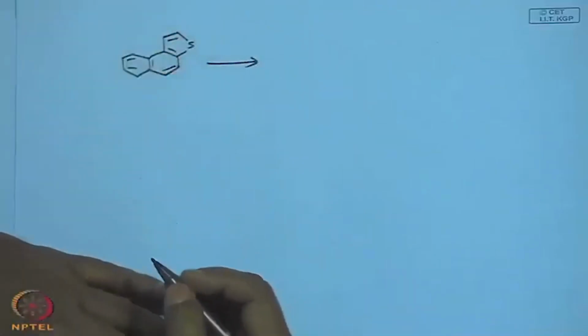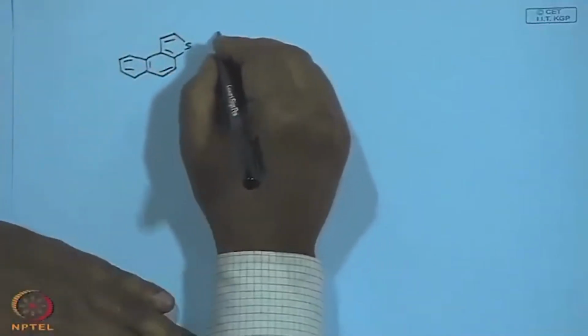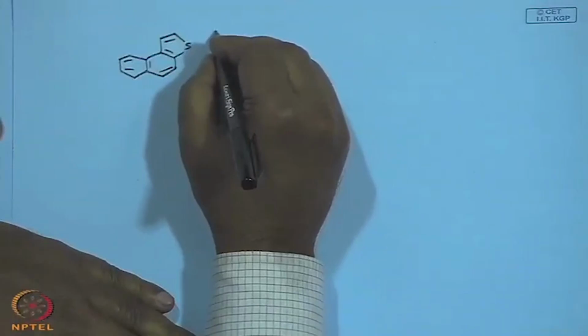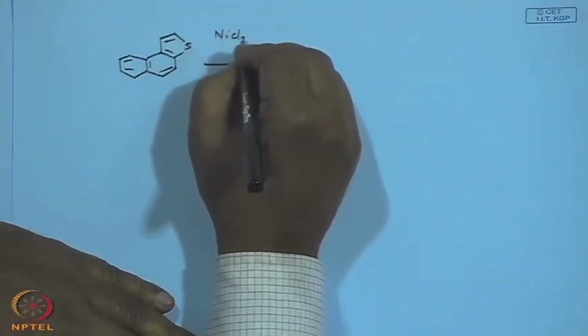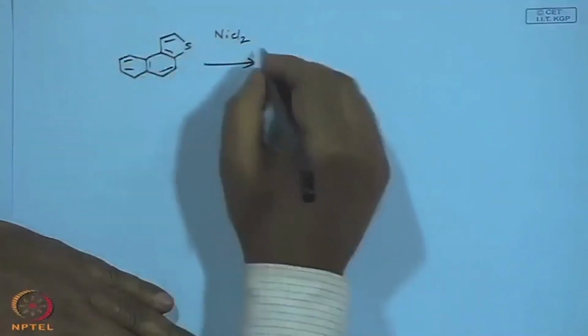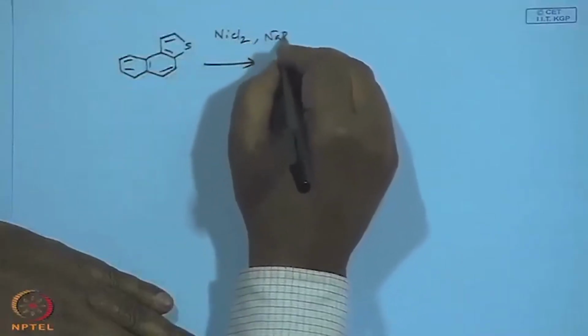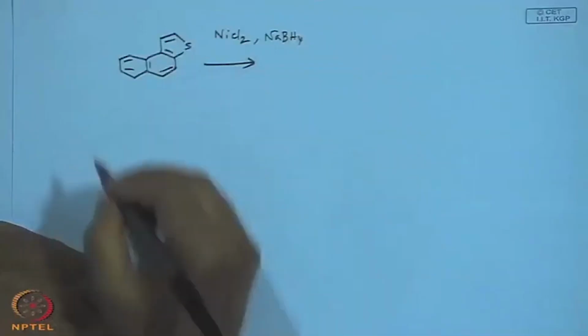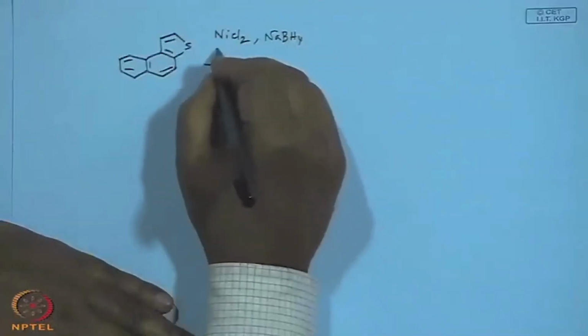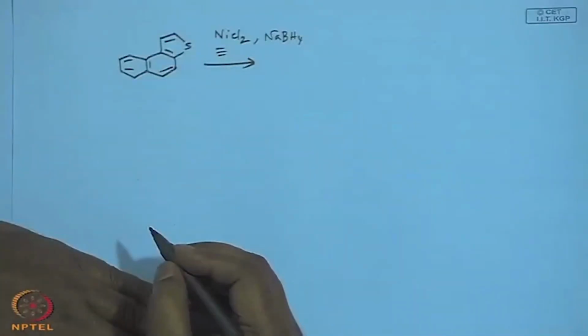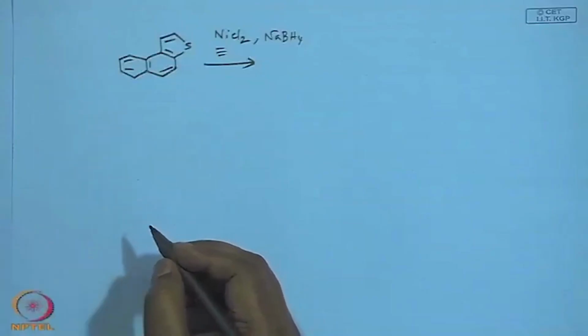Here what do we use? We use nickel chloride and sodium borohydride. What is it? Let us see, all these things are taken from Morrison Boyd's and Solomon's.